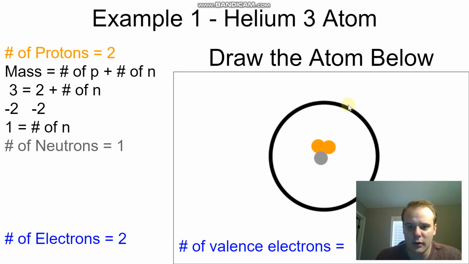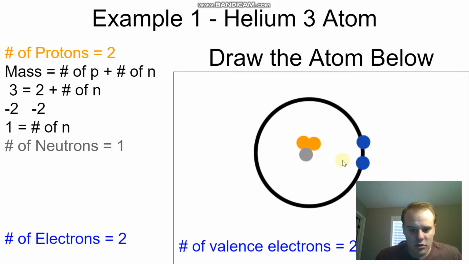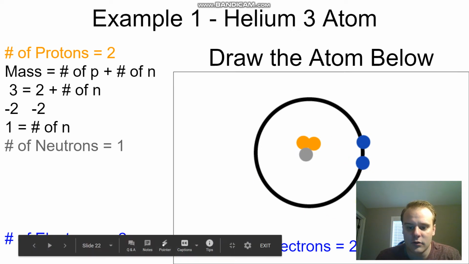That's just going to be a ring that goes around the protons and neutrons. And then the last thing that we're going to do is add those 2 electrons. Now remember that the first orbital can hold 2 electrons. So we're just going to put those 2 right there. Those 2 electrons are in the outermost orbital, so we say that those 2 electrons are valence electrons. So this atom has 2 valence electrons.